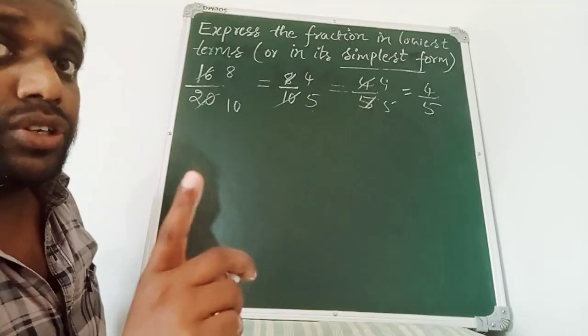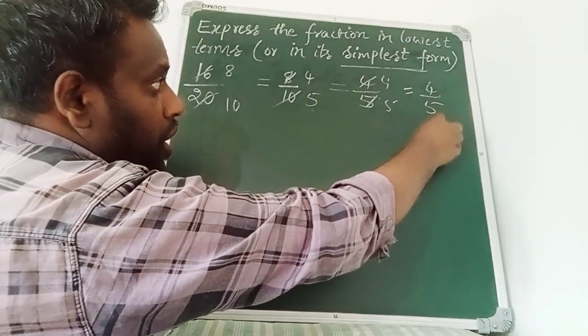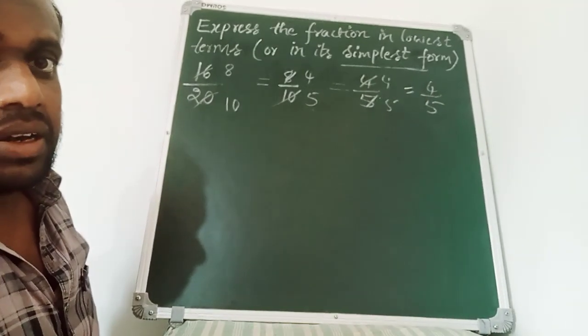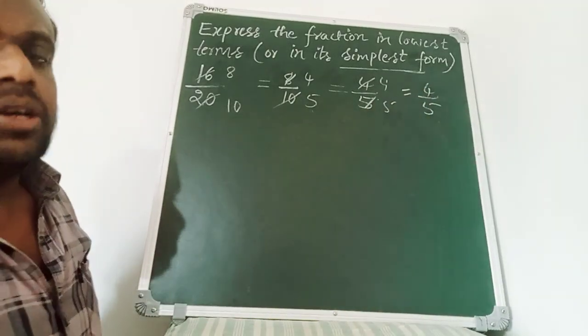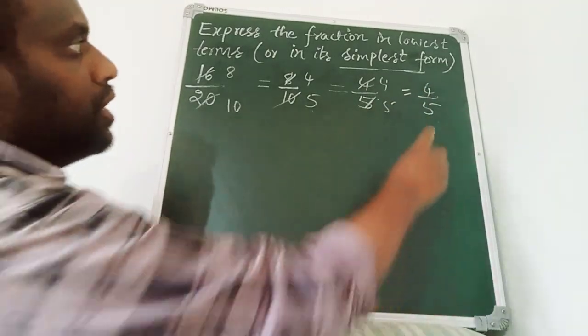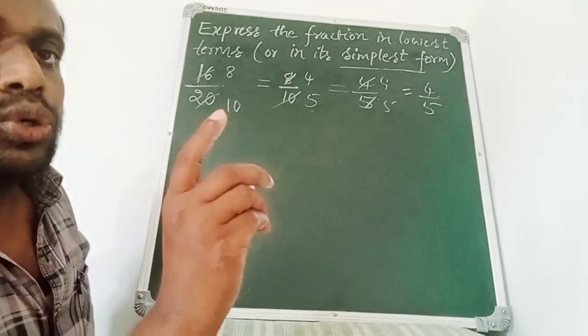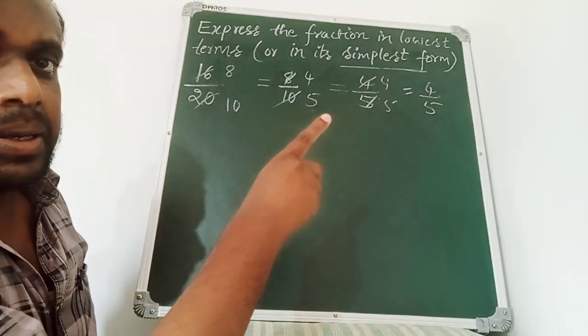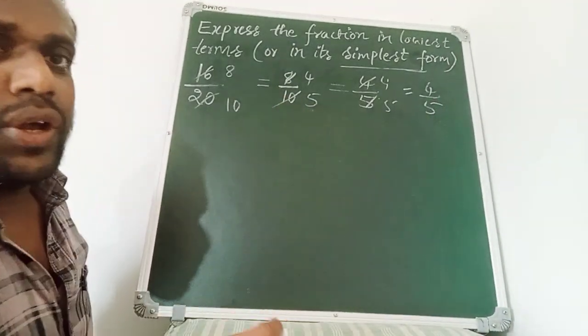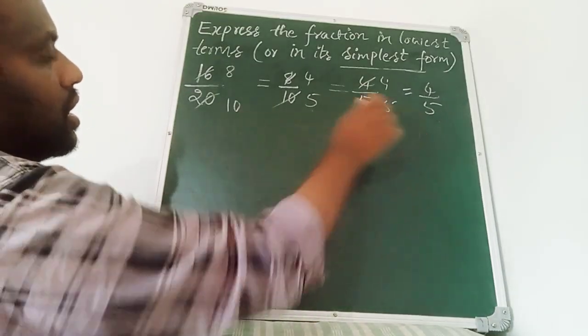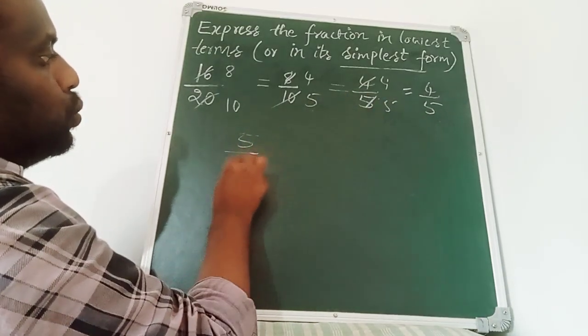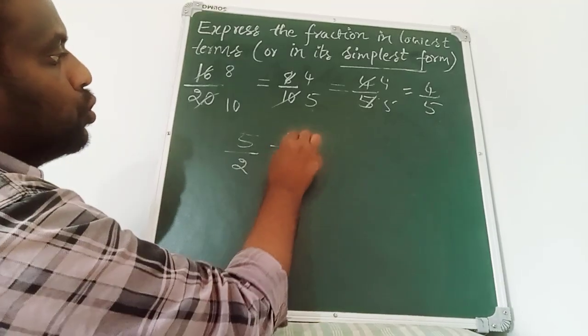That number should divide both 4 and 5 completely, not just 4 or not just 5. For example, if you take 2, 2 can divide this 4 completely because 2 2 is a 4. But 5 is there. When you divide this 5 by 2, what will you get?